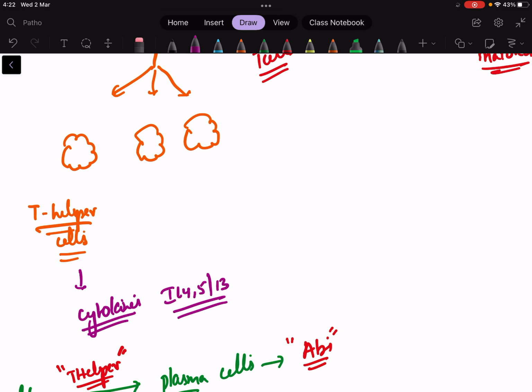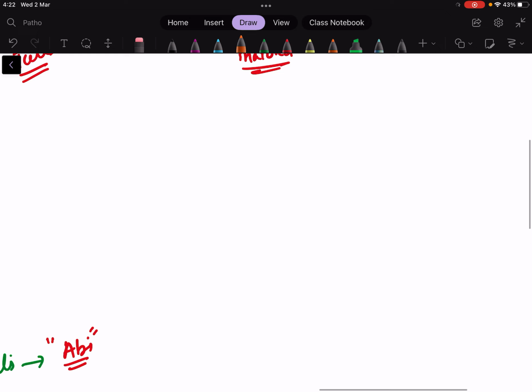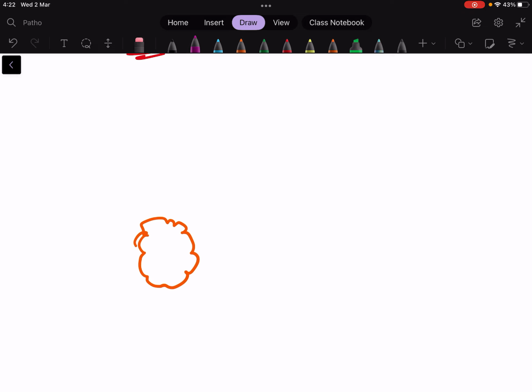Next, the other type is your T cytotoxic cells. Why are they called T cytotoxic cells? Basically this T cytotoxic cell is very dangerous. Why is it dangerous? Because suppose this is our cell, and inside the cell, suppose a virus is there.